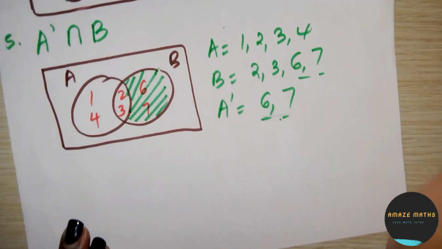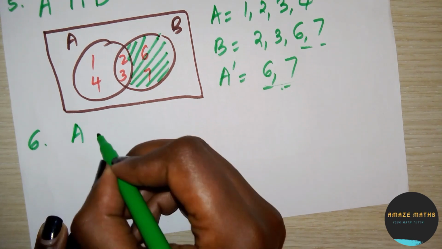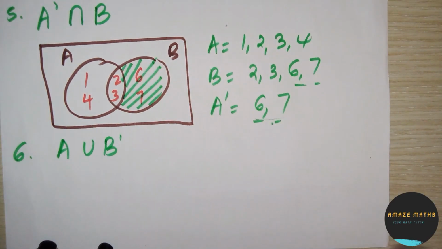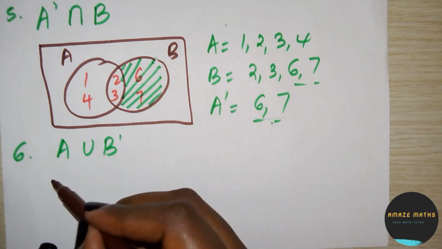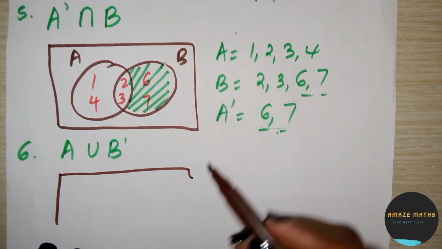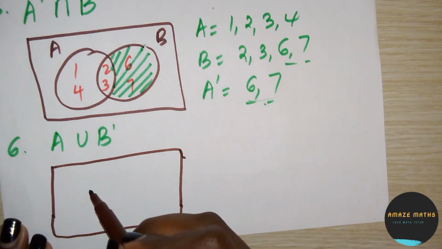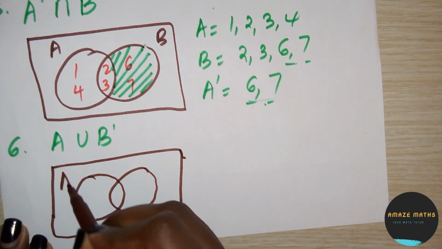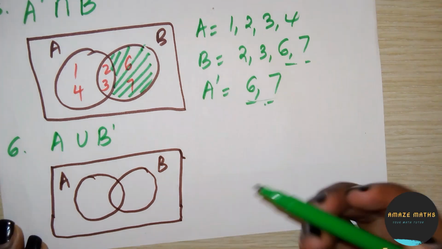Now let's see. We have A union, not in B. Since you have the numbers here, I don't think I'll write them again. I'll just write the final thing here.